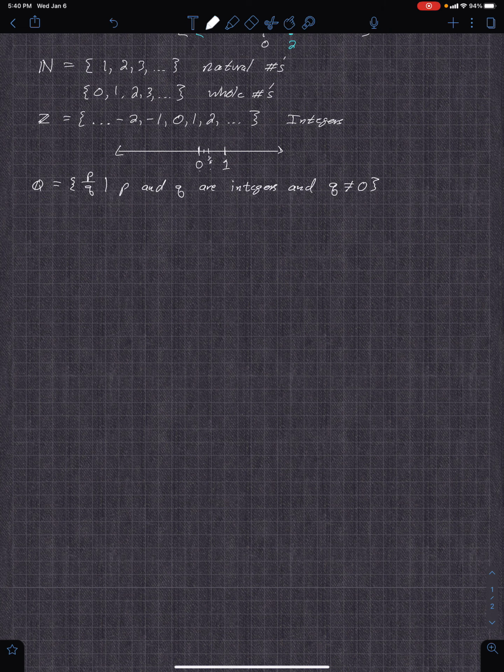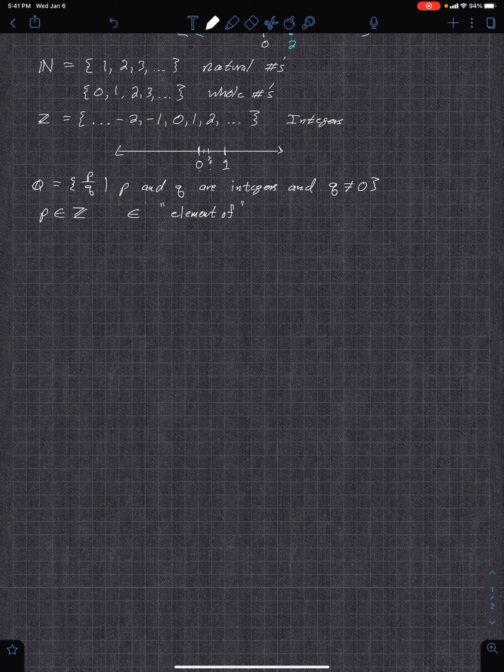So I want to say basically that P and Q are integers. So I use this symbol for element of. So we say P is an element of Z. Basically, it's just a nice way of saying P is defined to be an integer.